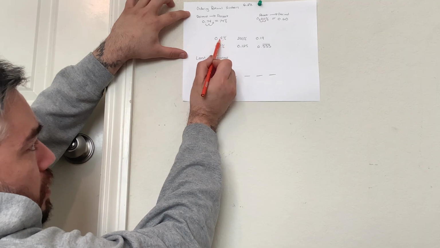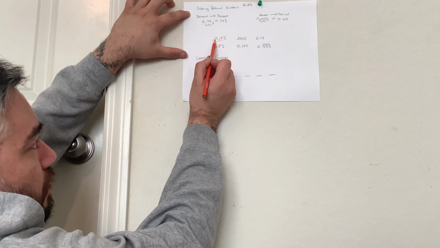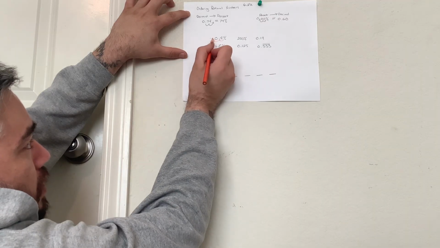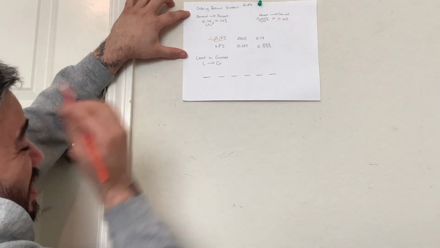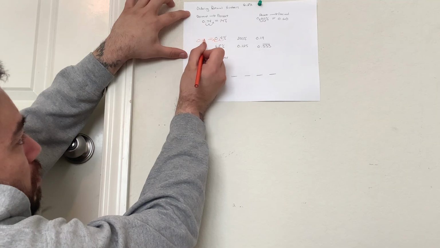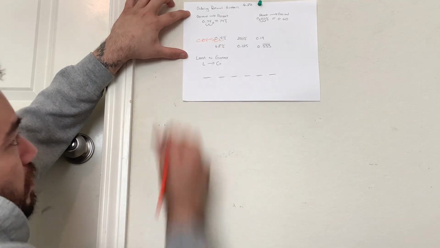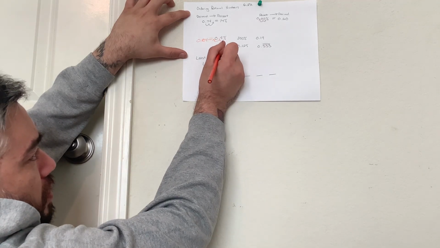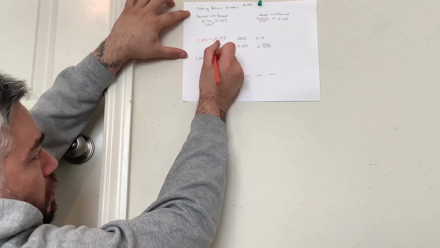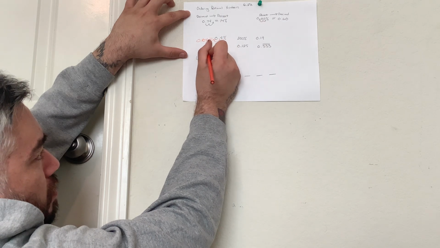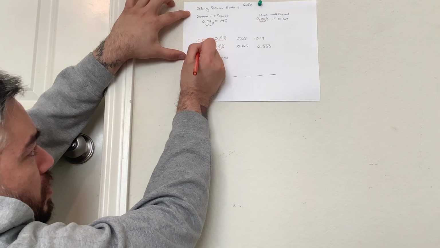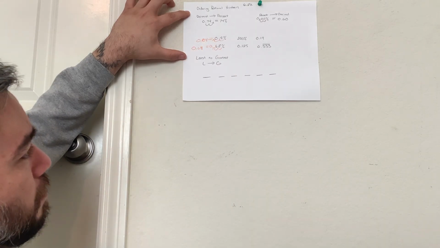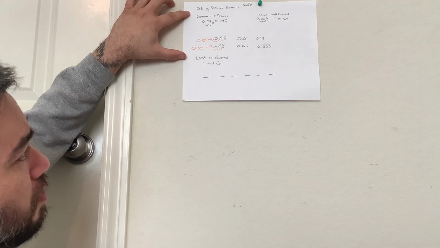I'm going to move 2 places to the left, and now I can say that that is equal to 0.04, or 4 hundredths, or 4 cents, okay? I'll do the same thing here. I'm going to take my 68%, 2 places, decimal, 0. Now I have 0.68.